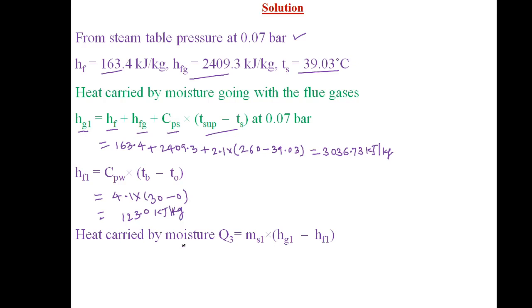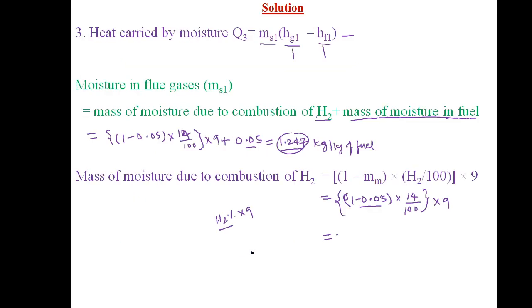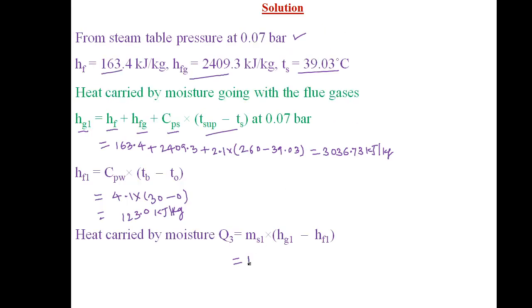Now we can find out the heat carried by moisture. The mass of steam moving along with the flue gases, which we calculated on the previous slide, is 1.247 into Hg1, which we have calculated as 3036.73, minus Hf1, which is 123.0.